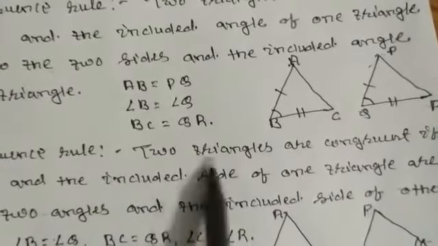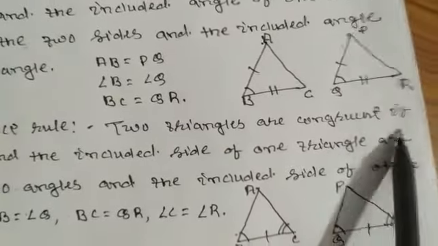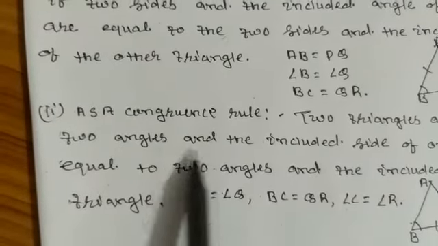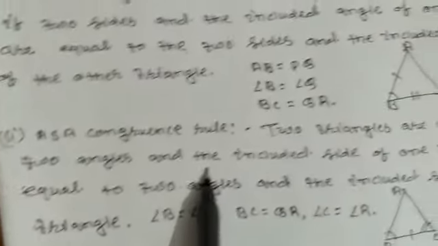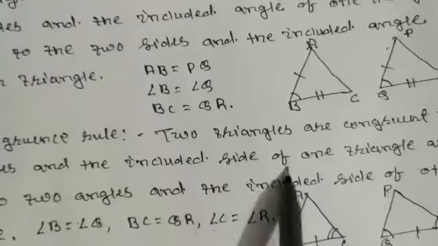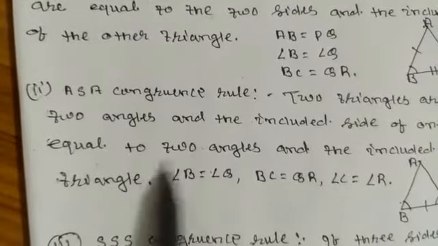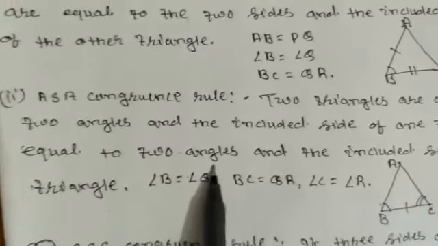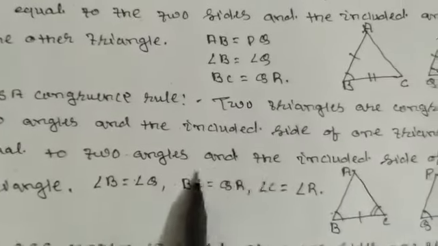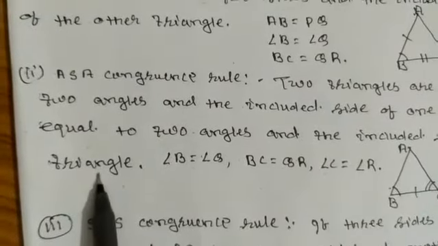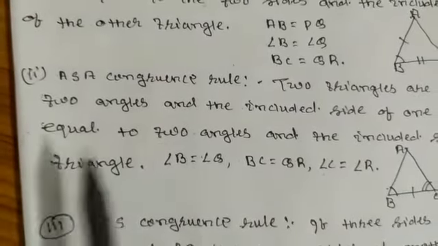This rule is: two triangles are congruent if two angles and the included side of one triangle are equal to the two angles and the included side of the other triangle. This is the condition for congruency of triangles by ASA.